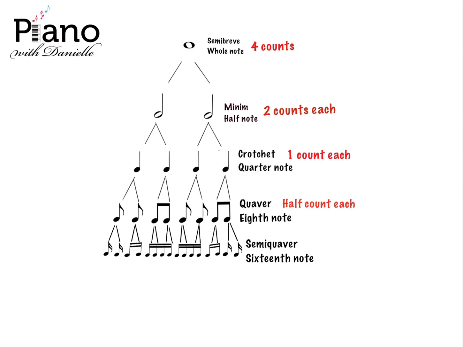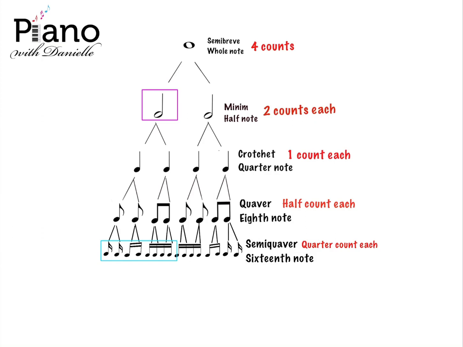Each one is worth a quarter of a count each. You can see from this that one crotchet equals 4 semiquavers, or one minim equals 8 semiquavers, and so on.